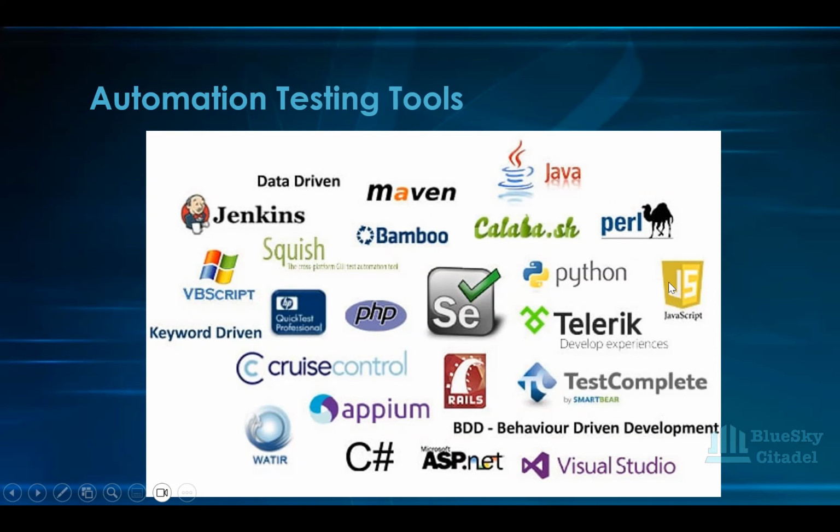So we have JavaScript, Java, Maven, and Jenkins, where you can create a CI/CD pipeline. There's just loads of them; these are just a few.